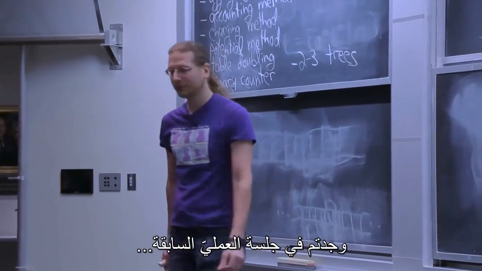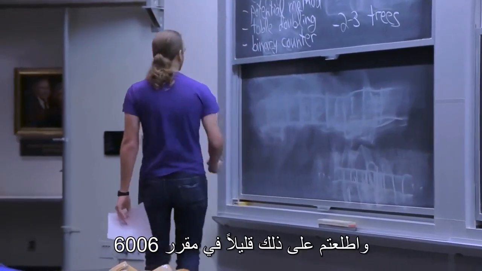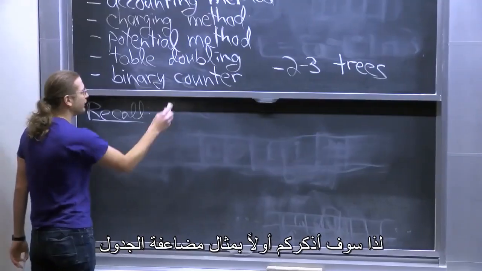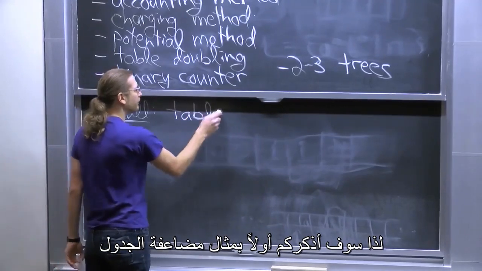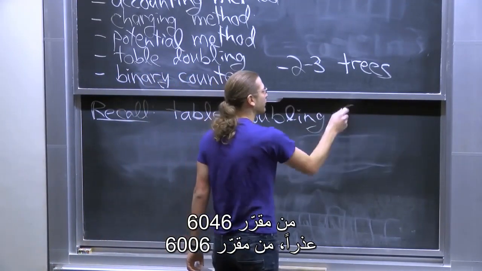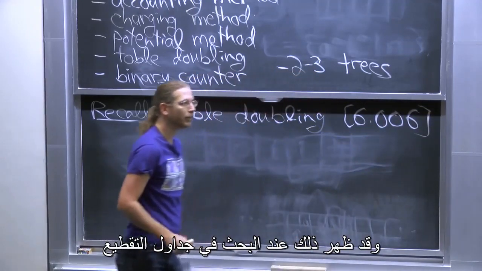And you've seen some essentially in recitation last time, and you've seen a little bit in 6.006. So let me first remind you of the example of table doubling from 6.006. This came up in the context of hash tables.